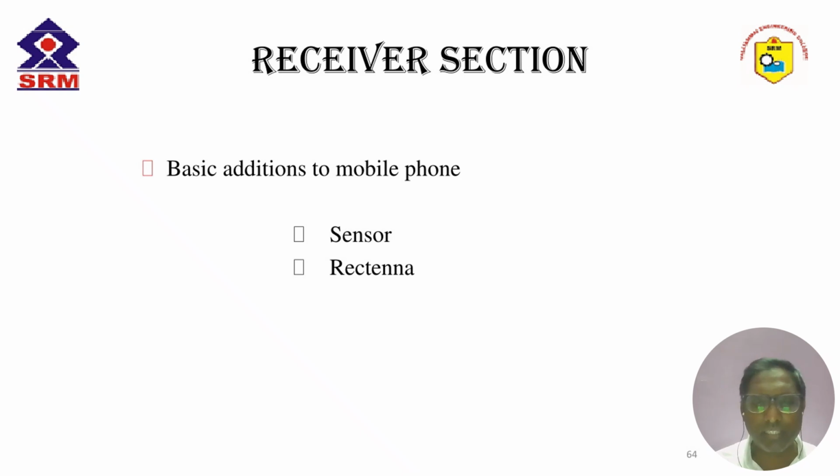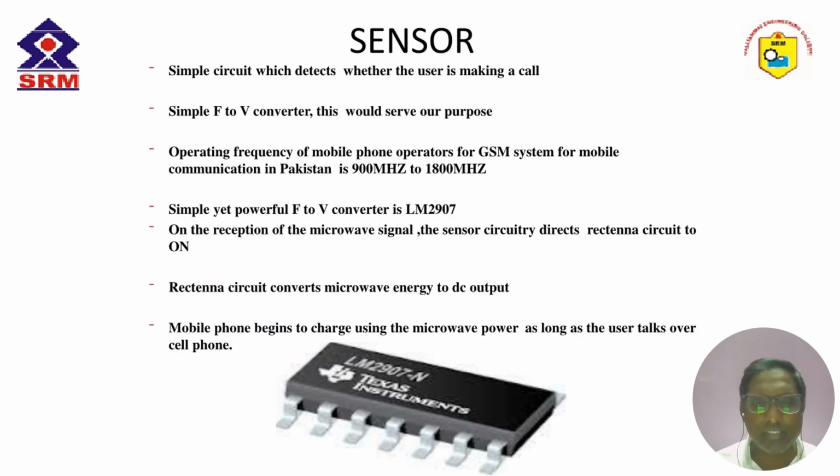In the receiving section, it has two parts: one is the sensor, another one is the rectenna, the basic addition to the mobile phone. Here the sensor is a simple circuit which detects whether the user is making a call or not. Simply an F2V converter would serve our purpose. The operating frequency of the GSM system for mobile communication in Pakistan is 900 MHz to 1800 MHz.